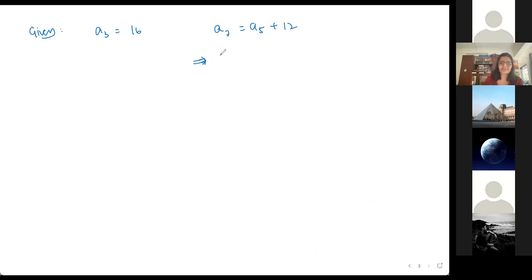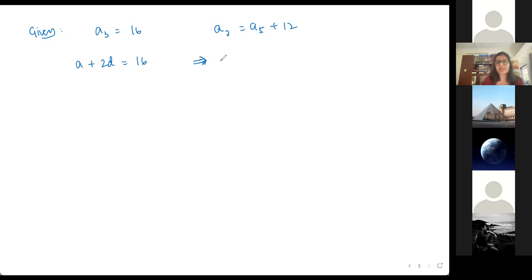That's why you made it complicated. This is what is given now. So apply the formula directly. A3 equal to 16 means A plus 2D. Yes, I applied that. I see, so you wrote A5 as A3 plus 2D. You know the value of A3. Yes, that way also you should be able to get it.